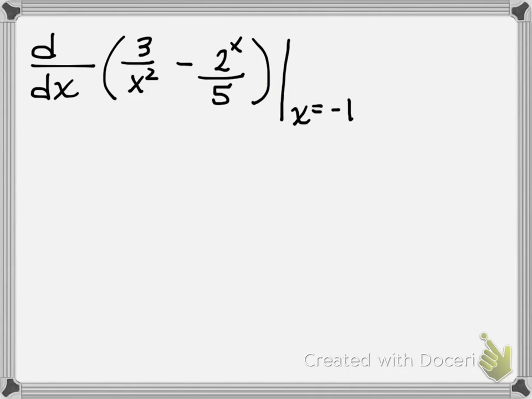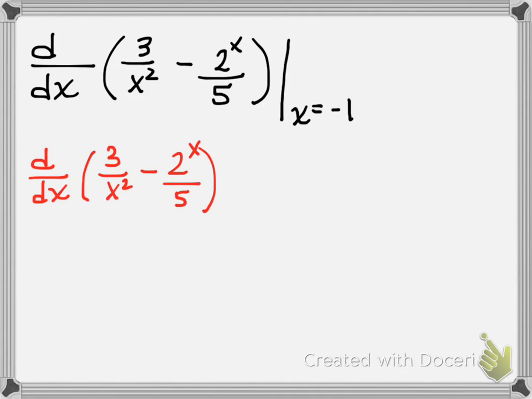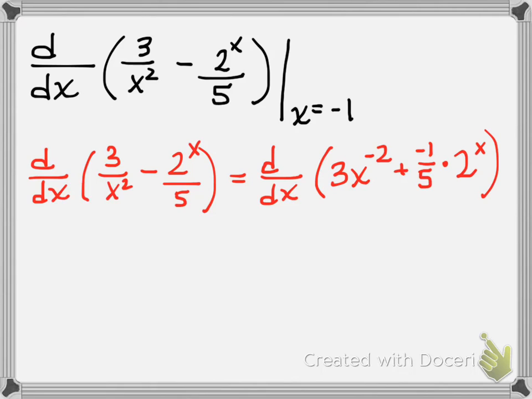Okay, so let's see how this goes. First we find the derivative of 3 over x squared minus 2 to the x over 5. So let's rewrite 3 over x squared as 3 times x to the negative 2, and then we rewrite negative 2 to the x over 5 as plus negative 1/5 times 2 to the x.